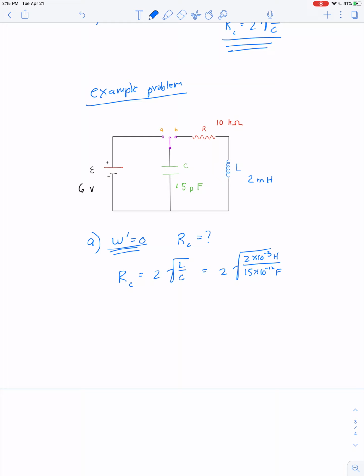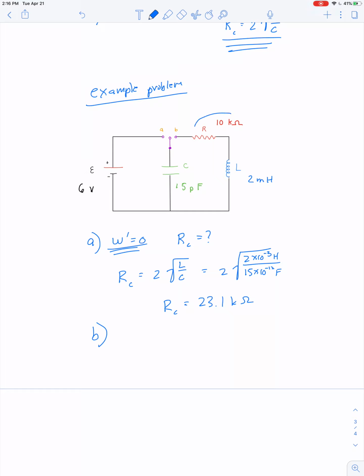Grab your calculators and see what you get. I get a critical value of resistance of about 23.1 kiloohms.